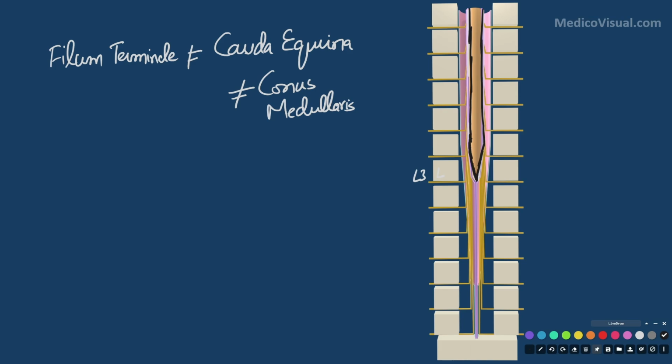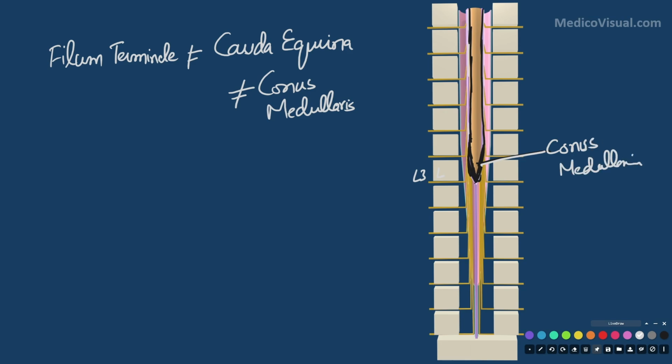This terminal cone of the spinal cord, which demarcates the ending of the spinal cord, is actually the conus medullaris.